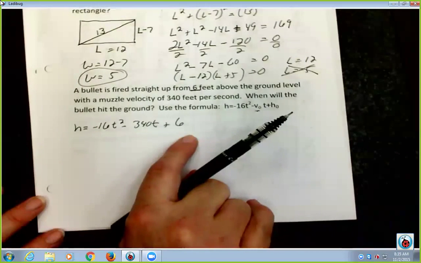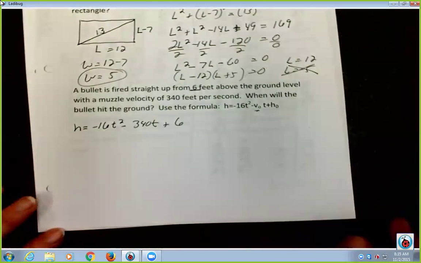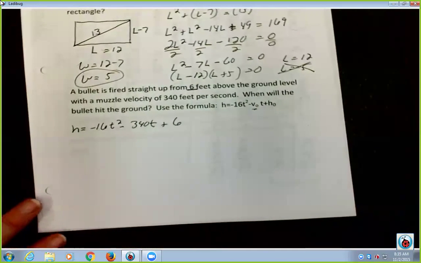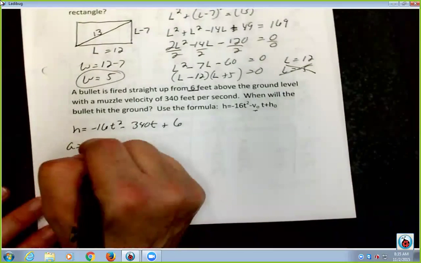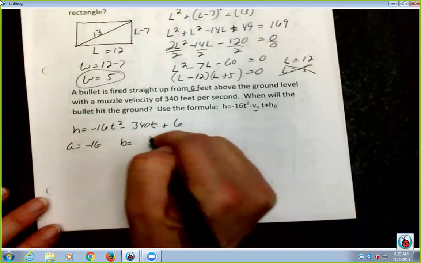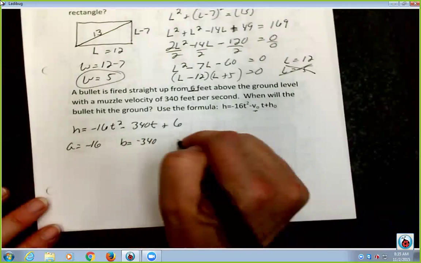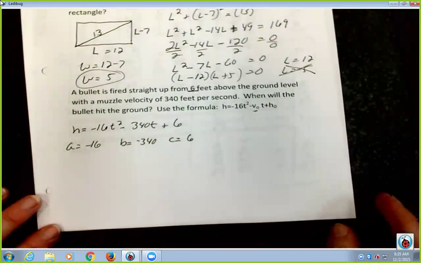Do we need to do that part? Put it in a quadratic? Okay, yeah, we can do it, sure. So A is a negative 16, B is a negative 340, and C is a positive 6.